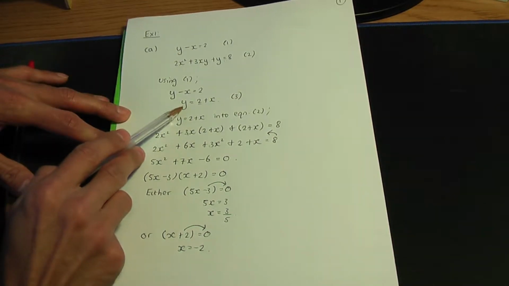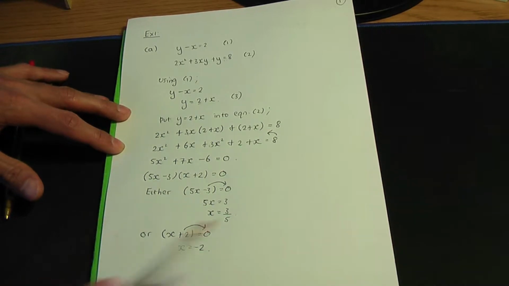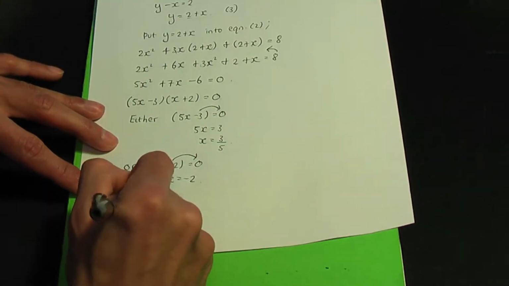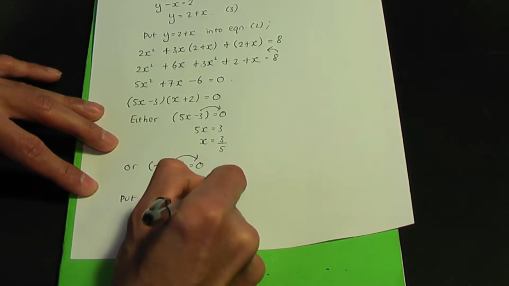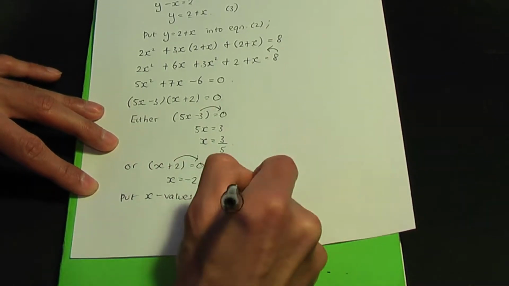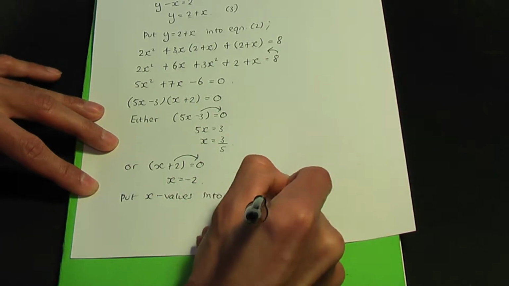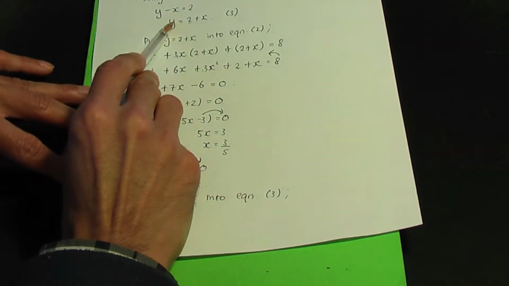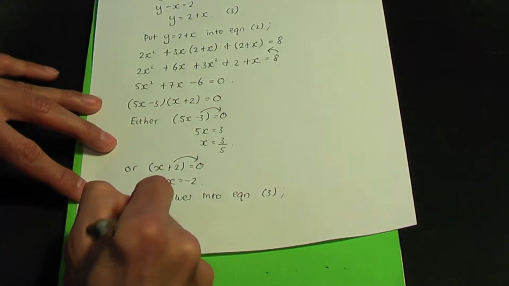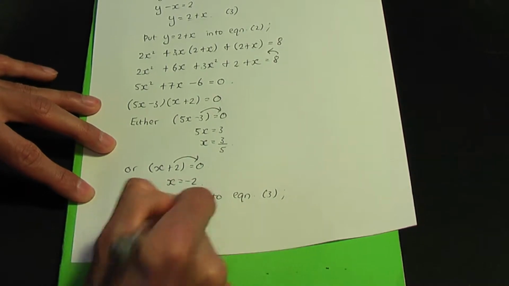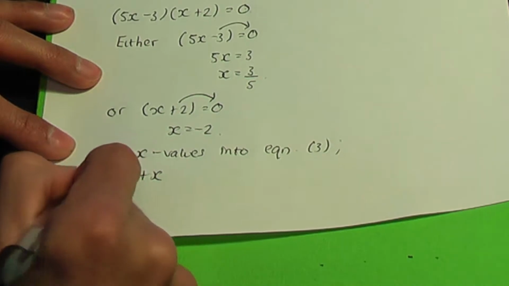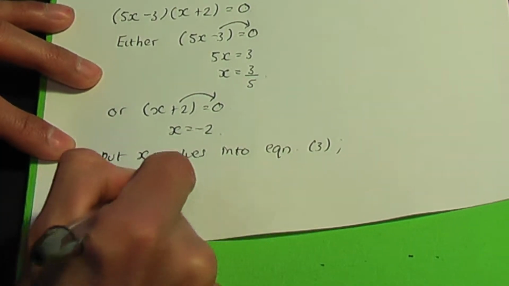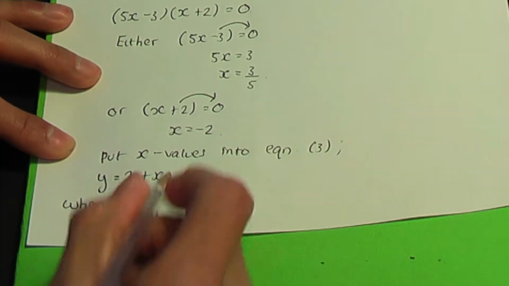So I'm going to use equation 3 because it's rearranged in terms of y already. So let me put the x values into equation number 3. So equation number 3 is this one, which reads y is equal to 2 plus x. So let's firstly find the corresponding y when x is equal to 3 over 5.